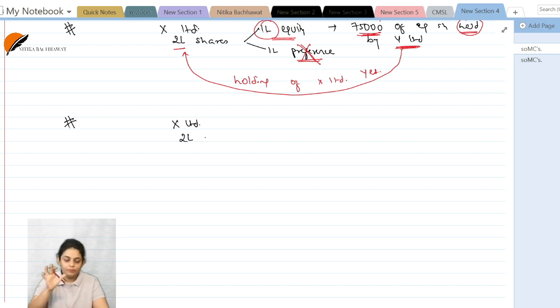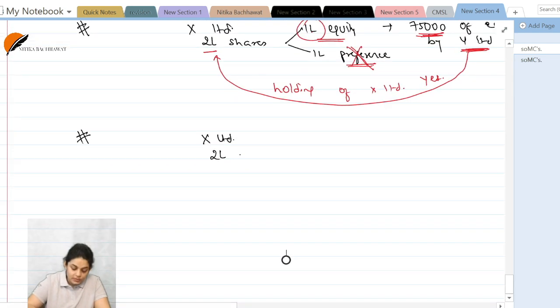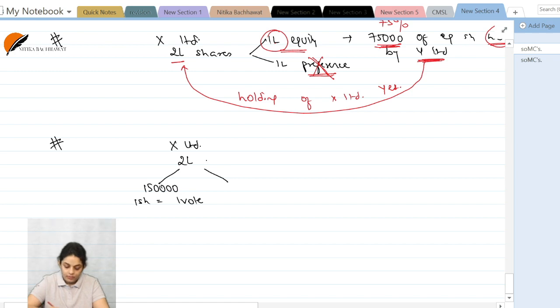That's the general rule. X Limited has 2 lakh equity shares where 1,50,000 shares, one share is equal to one vote.